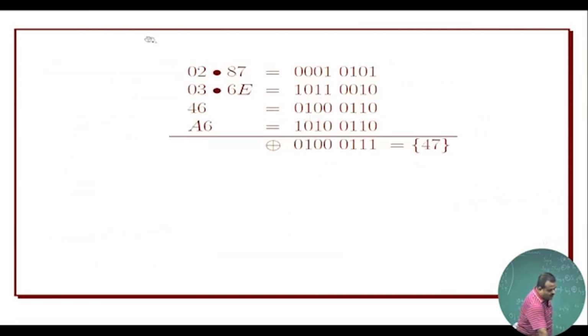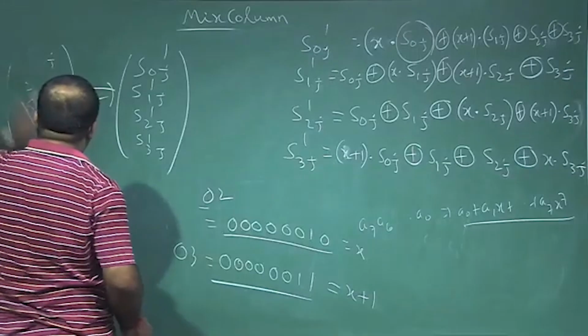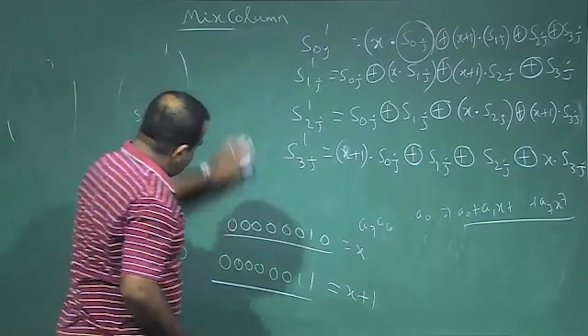Similarly we can calculate x plus 1 into that, which is also binary bits. Then we have the next 8 bits, the next 8 bits. We just do the bitwise XORing with these, and we get 47. This is the first entry of the new column. Okay, so this is the operation we are doing. This is the mixed column operation.